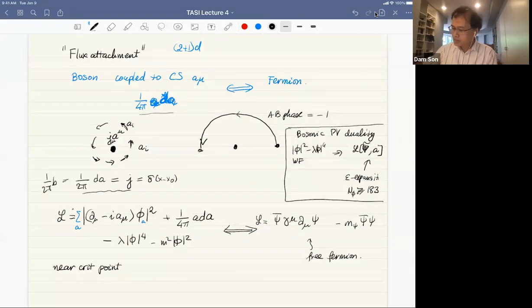So it could be that the situation here is also similar, that this theory actually exists as a quantum field theory, though we don't have an analytic way to show it. And numerically, it's also difficult because of the presence of the Chern-Simons term in the action. It's harder to simulate.